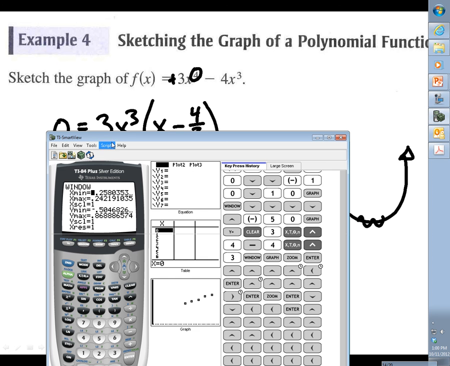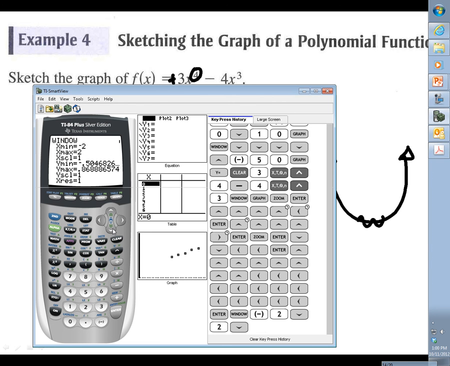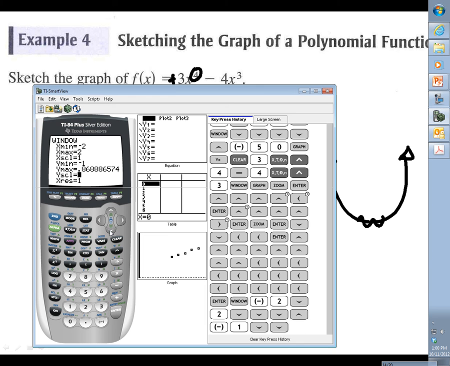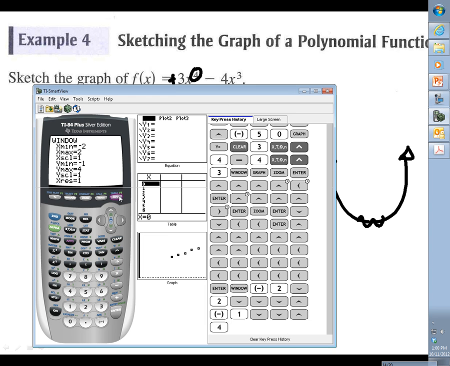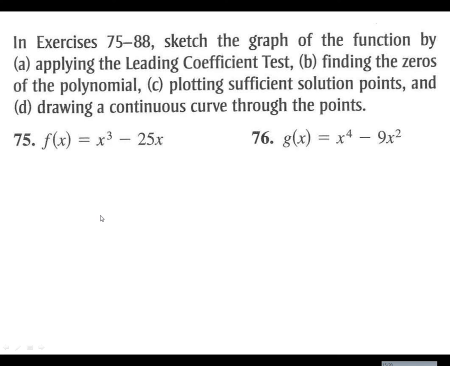So if I were to back this back out, let's go x from -2 to 2 and my y min from -1, let's call it 4 just to give us a little room here to see. We can sketch that graph and we know exactly what our zeros are. Alright, you're up. Give it a shot on problem 75.